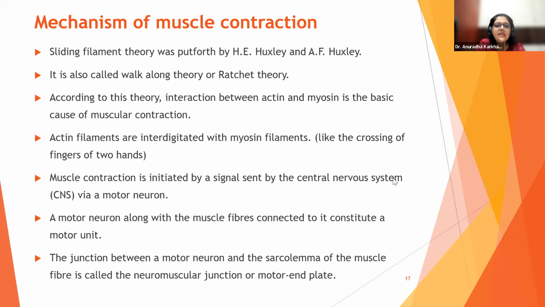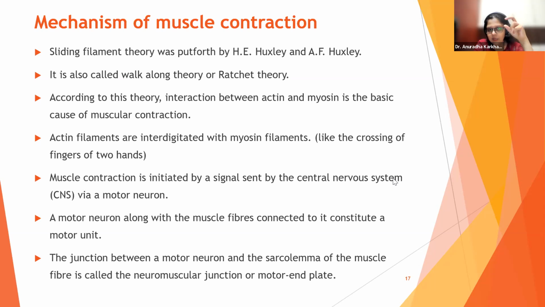Muscle contraction is initiated by a signal sent by the central nervous system via the motor neuron. So in the neural chapter, that is the nervous system, we have already seen how the impulse is carried out, right? And once the impulse reaches the CNS, it's going to cause the initiation of contraction. Fine. So where does the signal come from for contraction of muscles?